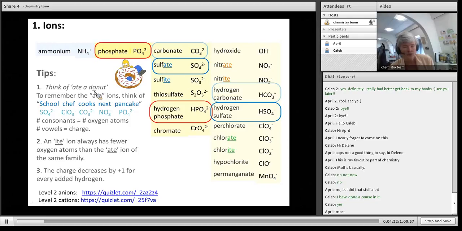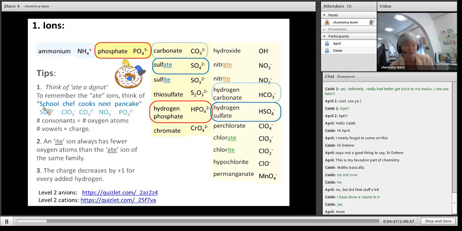Other ways to remember these things is ate a donut. Think of O and donut. So if something ends in ate, it has oxygen in it. And one way to remember how many oxygens and charge is in, say, sulfate, nitrate, chlorate, bromate, and all of those, is to think of School Chef Cook's Next Pancake, where the vowels are the charge.